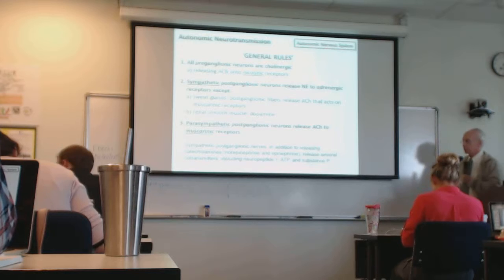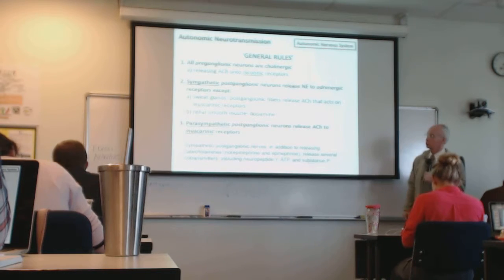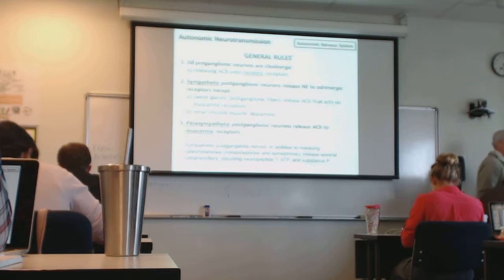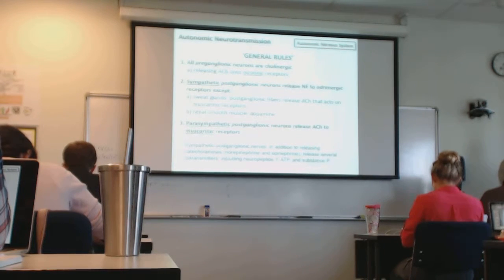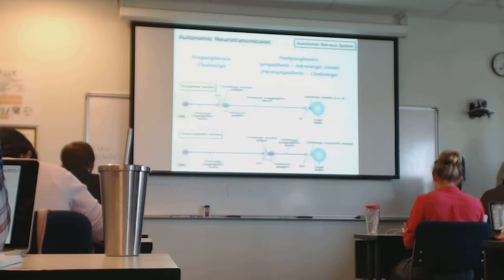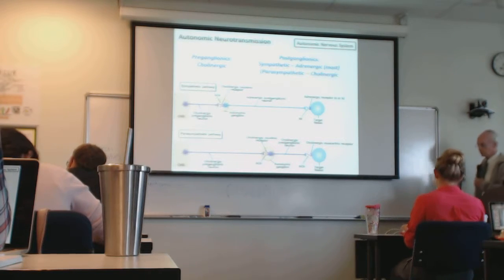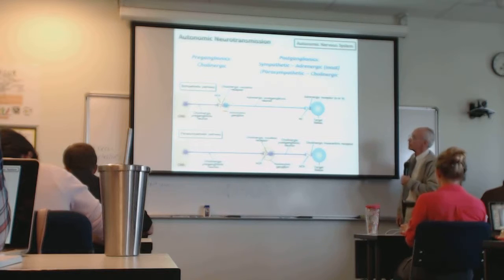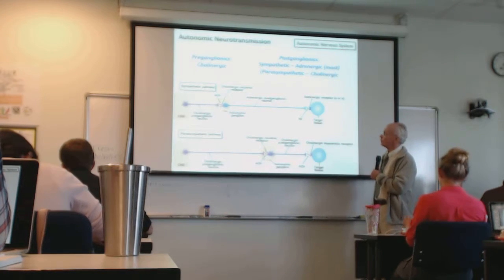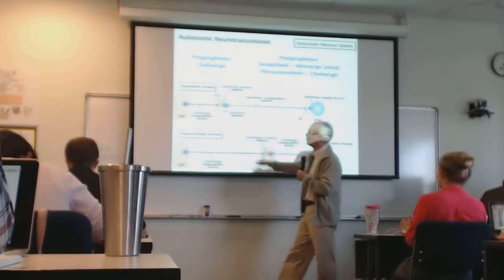So here's another little slide involving some general rules regarding these neurotransmitters. Let's make sure we grasp this before we get into any further detail. All right, so we know that just about all autonomic pathways involve two neurons, preganglionic and postganglionic.